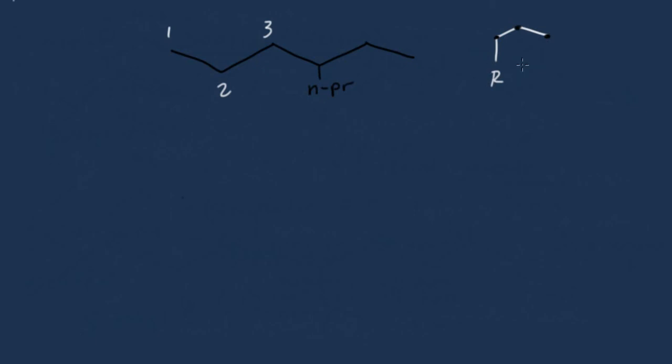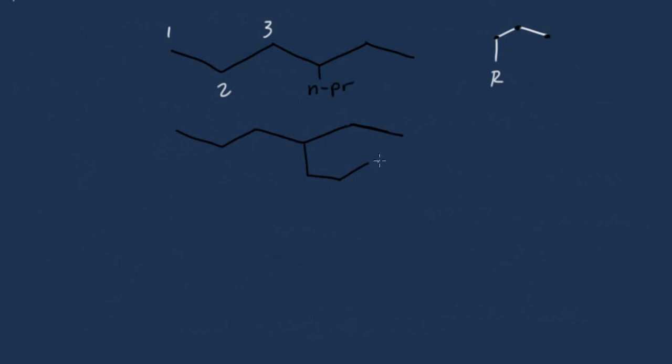So if we went ahead and drew this out, why don't I just do that real quick? Just draw it out beneath it actually. So we have, that's supposed to be connected, and our N-propyl. So now it becomes a little bit more obvious how to name it, right?